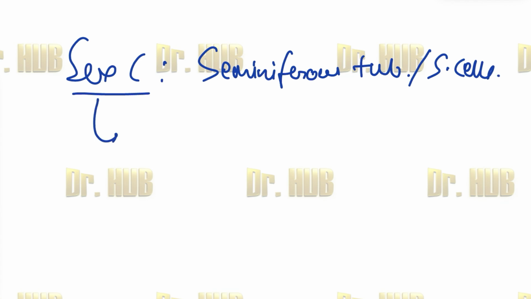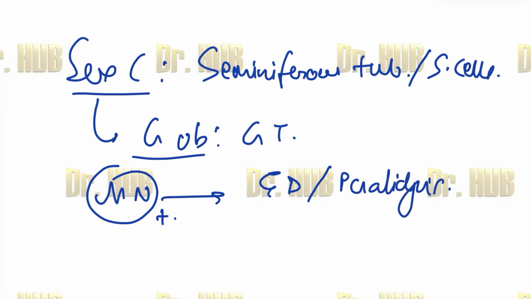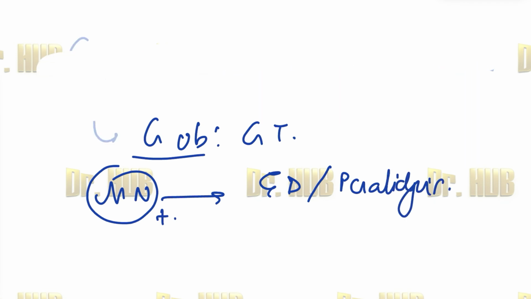Then comes the gubernaculum. Gubernaculum leads to the gubernaculum testis. Then the mesonephric tubules lead to the efferent ducts as well as the paradidymis. Now moving on, we talk about the mesonephric or the Wolffian ducts.